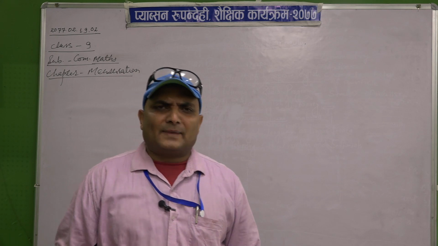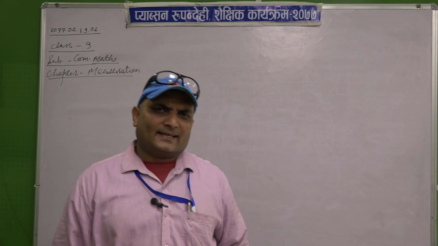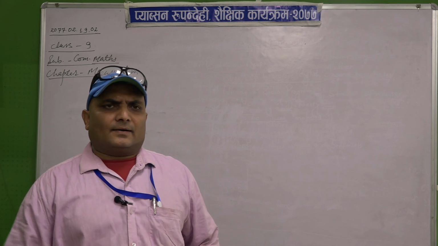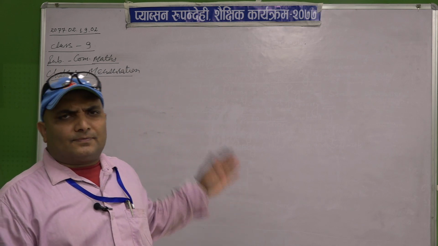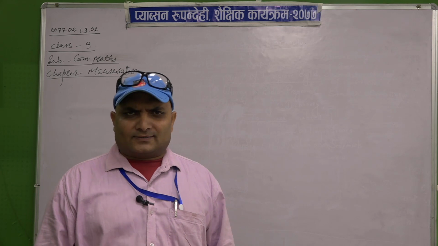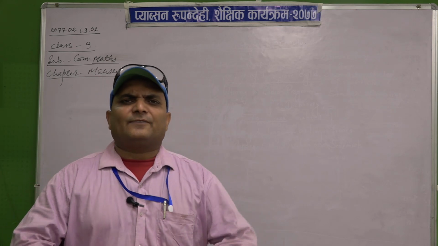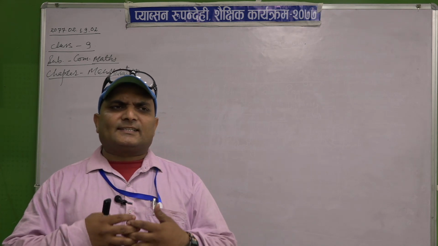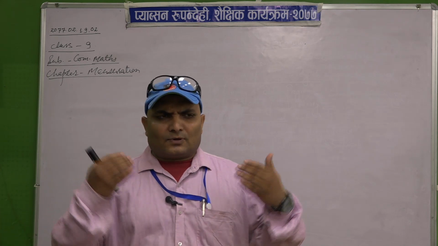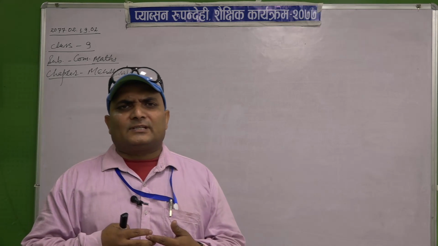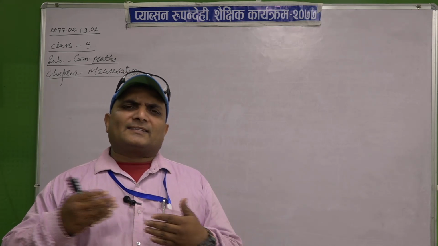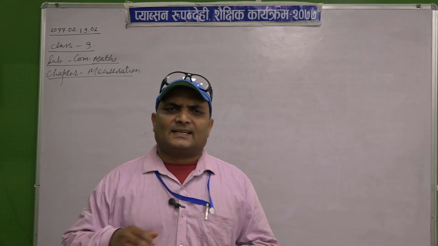I'm your new mathematics teacher of class 9, and today I will teach you the chapter mensuration. Mensuration is the branch of geometry which deals with measuring different kinds of figures.